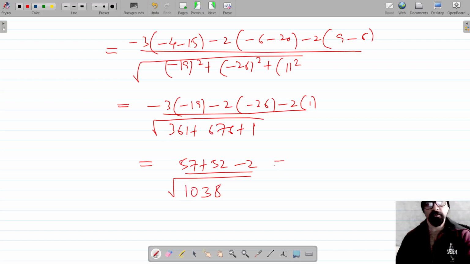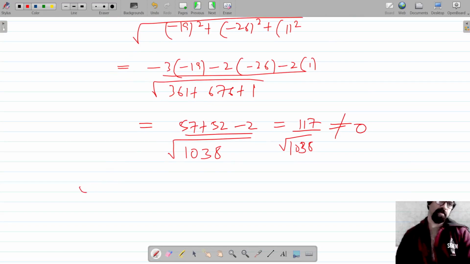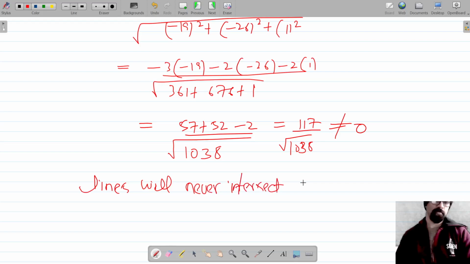So 57 plus 52 is 117 upon root 1038, which is not equal to 0. So this is the distance. That means there is some distance between the lines, which is the shortest distance. So the lines will never intersect each other.